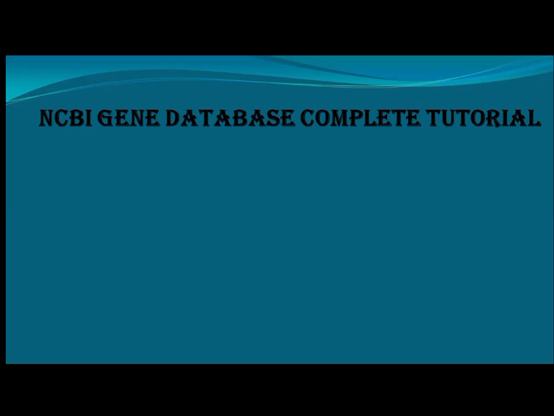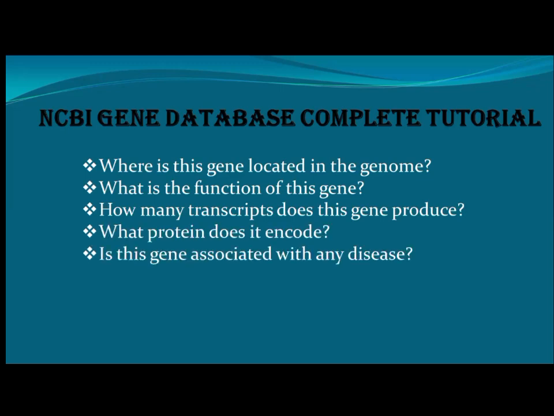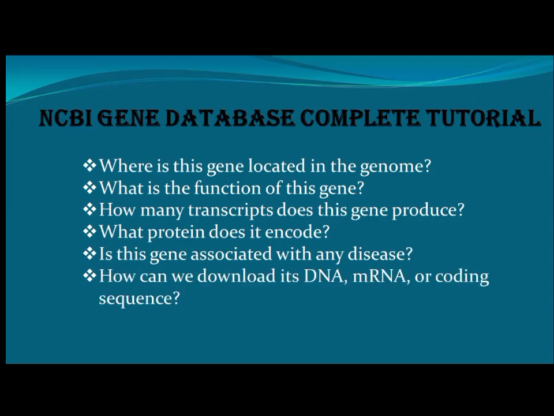The Gene database is one of the most important databases for researchers because it provides complete information about a particular gene. Suppose scientists identify a gene of interest. They usually want to answer different questions, like where is the gene located in the genome, what is the function of this gene, how many transcripts does this gene produce, what protein does it encode, is this gene associated with any disease, and how can we download its DNA, its messenger RNA, or its coding sequence.